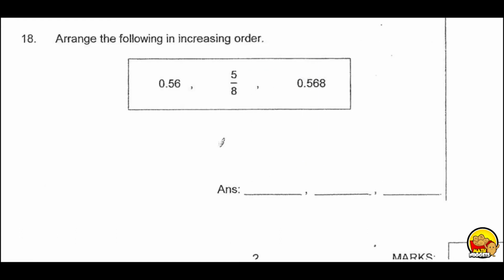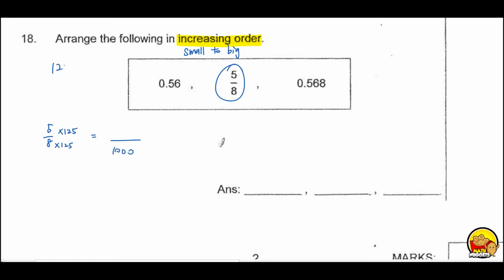Question 18, arrange in increasing order. So please take note, increasing means from small to big. Alright, now two of them are in decimals already, so let me convert my 5/8 to decimal. 5 out of 8, I can times 125 to make my denominator 1000.